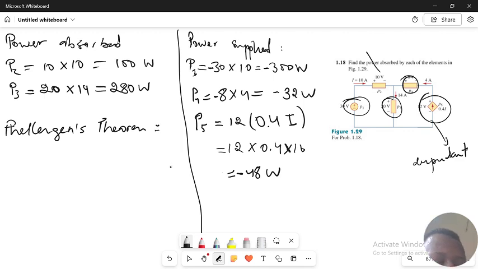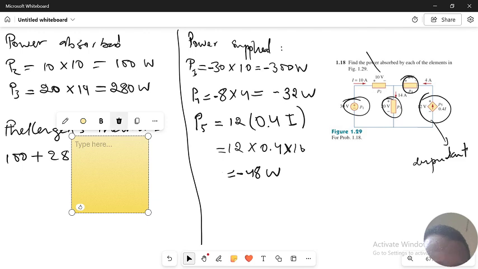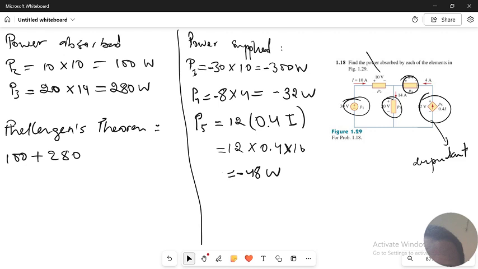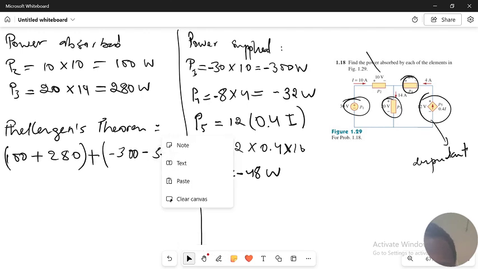I have the power absorbed, 100 plus 280, plus the summation of the power supplied: minus 300, minus 32, minus 48.